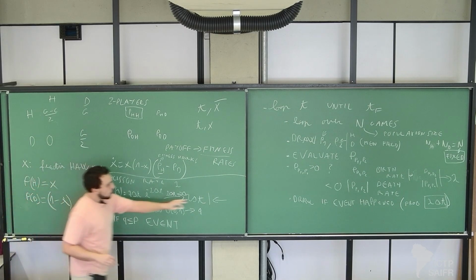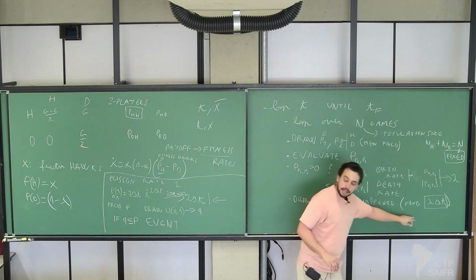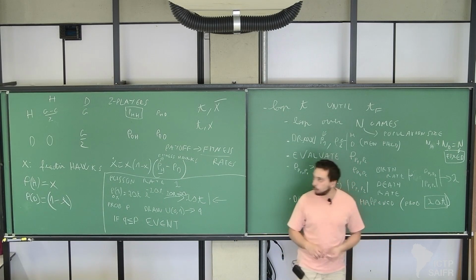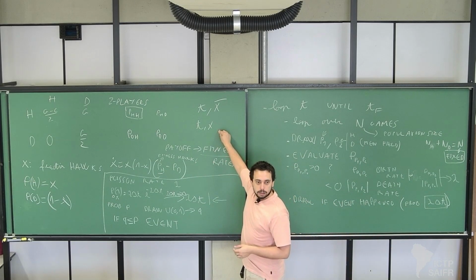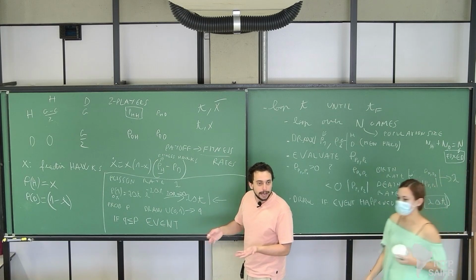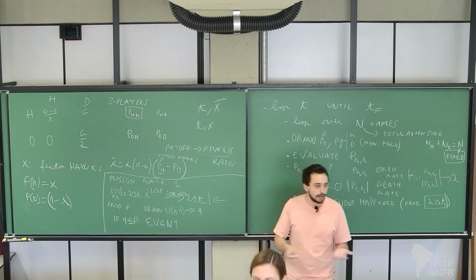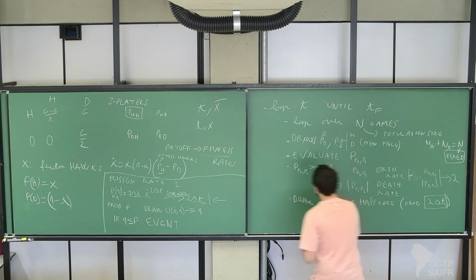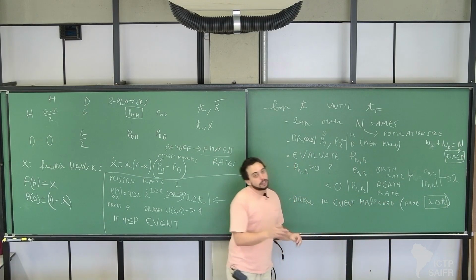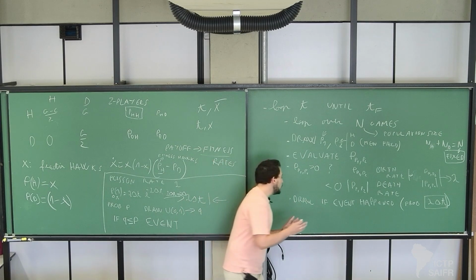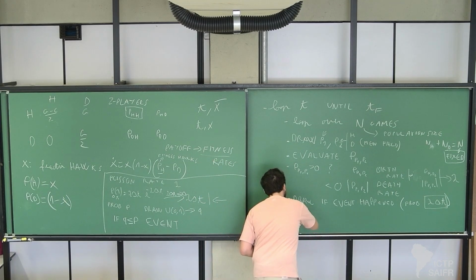So once you draw if an event happens or not, it's time to update the state of the population, right? Because if events happen, then you need to change the population composition based on the events that you drew. Now this is the part that is a little confusing.